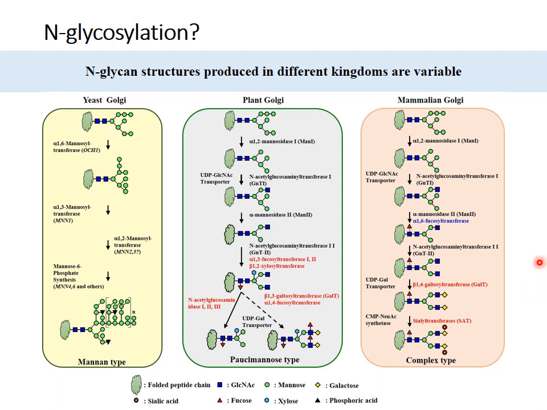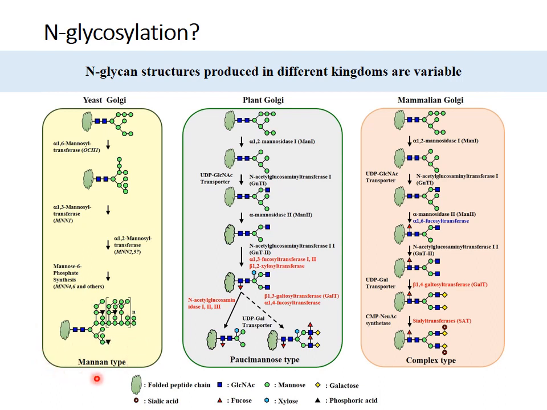Since the type and number of glycosyltransferases in the Golgi differ depending on the species, the glycosylation process is divided and the glycan structure also differs.